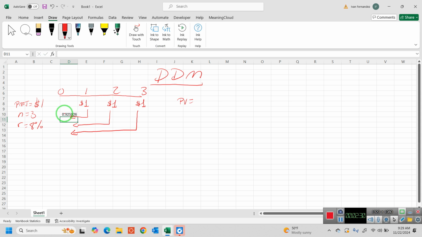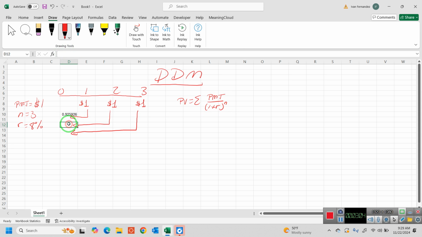The present value is just going to be the sum of the payments divided by 1 plus the rate to the n, or to the t, whichever you prefer to use. So I'm just doing the payments divided by 1 plus r to the n, and as you can see here, that's what I've done: $1 divided by 1 plus 0.08 raised to the first power.